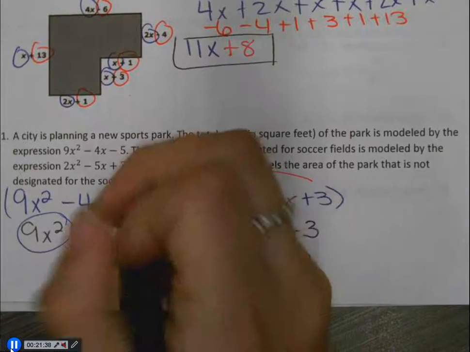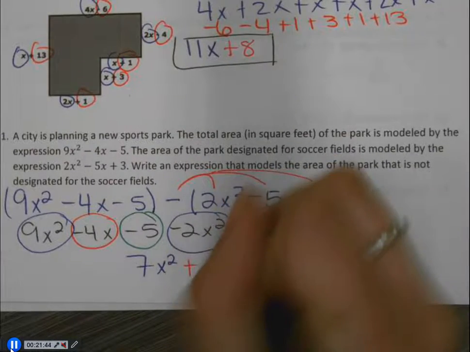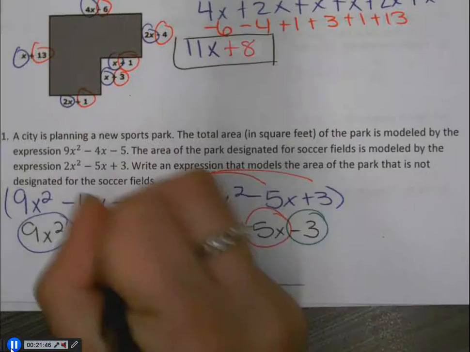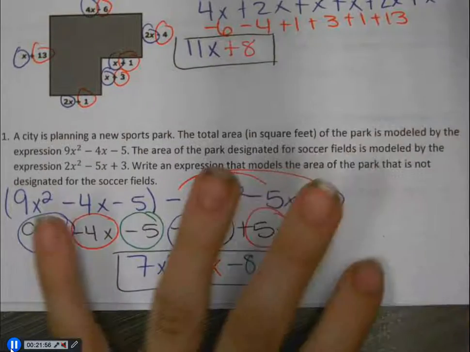And then I have negative 5, negative 3. Negative 8. Questions here? Yeah. Whenever I'm adding and subtracting, I'm combining like terms.